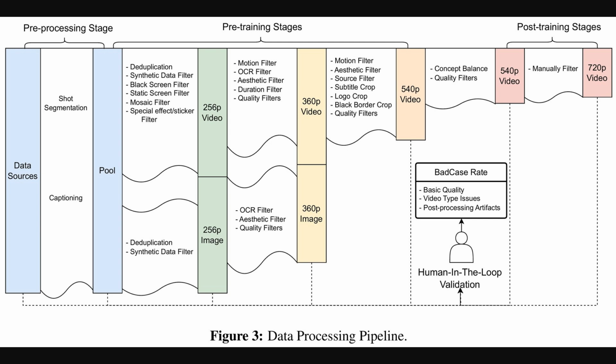From this pool, data enters the pre-training stages at increasing resolutions, 256p, then 360p, and 540p. Each stage applies more specific filters, like an optical character recognition filter, or OCR filter, which helps remove unwanted text from frames, plus motion and aesthetic filters. Finally, human-in-the-loop validation checks for issues, guiding the post-training stages for 540p and 720p video to ensure high quality.